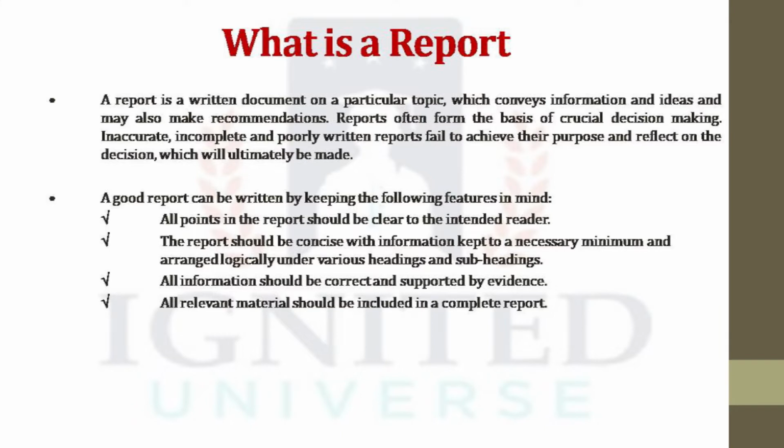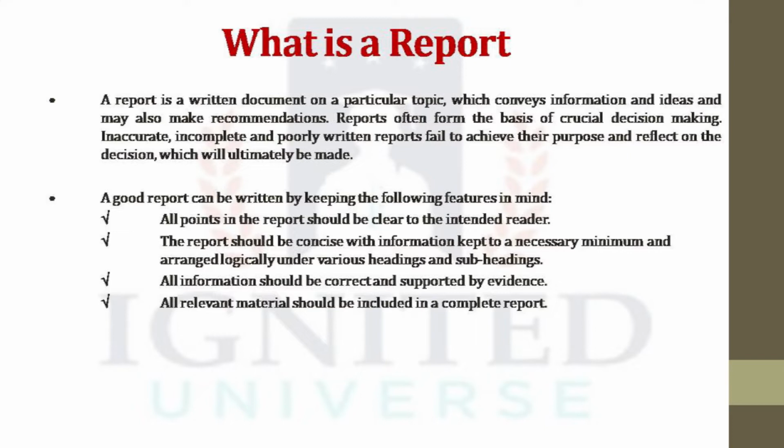So, a good report should be written by keeping the following features in mind. One should clearly report what all points he or she wants to convey to the readers. The report should be concise with information kept to a necessary minimum and arranged logically under various headings and subheadings.